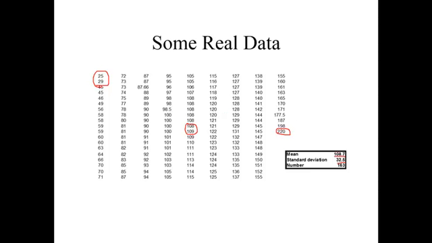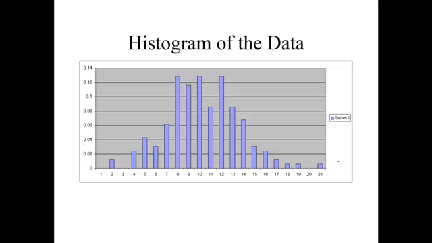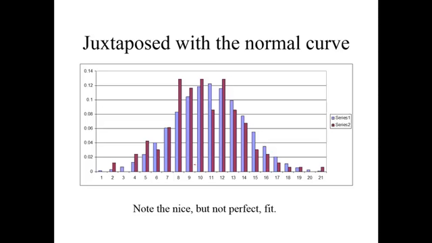I'm going to use the mean and the standard deviation to break the data down into categories, and I'm going to graph it. This is what a histogram of this data looks like when I've broken it down into categories using a standard deviation. Now, I'm going to juxtapose that picture with a normal curve.